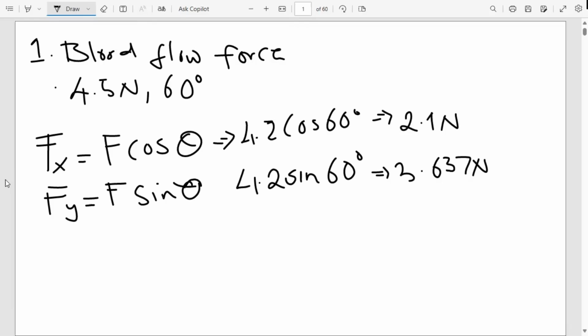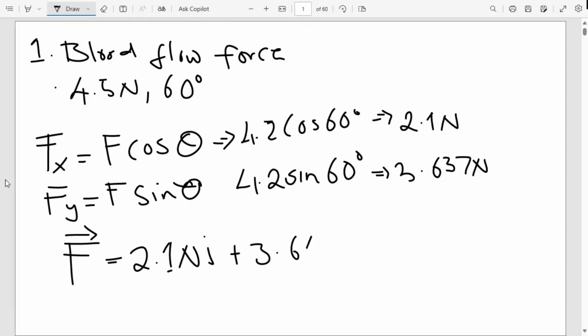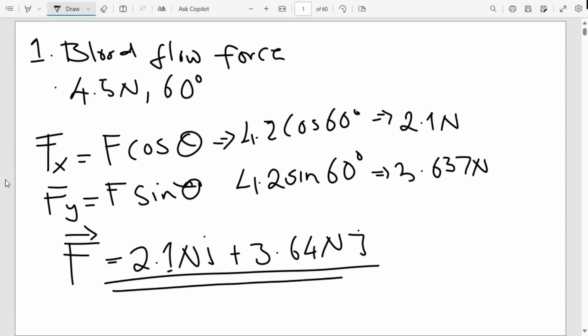If you wanted to write them as a unit vector, you're going to say the force is equal to 2.1 newtons i, in the x-axis, plus 3.64 newtons j, in the y-axis. So these are the components. We've written our blood flow force in component form.